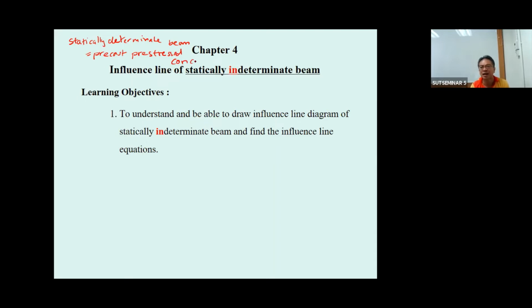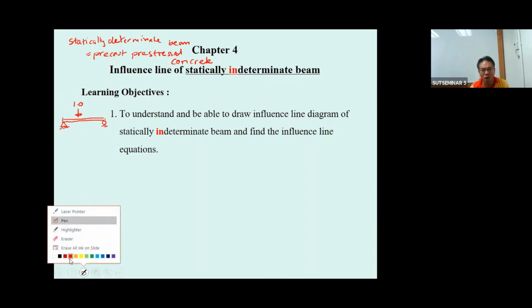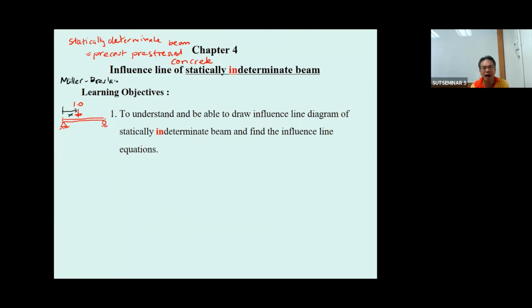In that manner, when we draw the influence line of the beam, we use the Maxwell principle, in which we set up the 1.0 unit load at the position of X, and by Maxwell, the influence line diagram can be drawn like this.